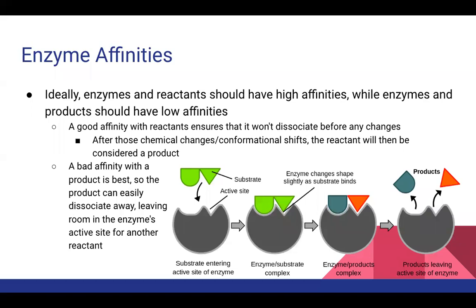But once that reaction is done, you don't want a high affinity for your product anymore because you want that product to go out into the cell and do what it needs to do. So just remember that it's high affinity for substrates, low affinity for products.